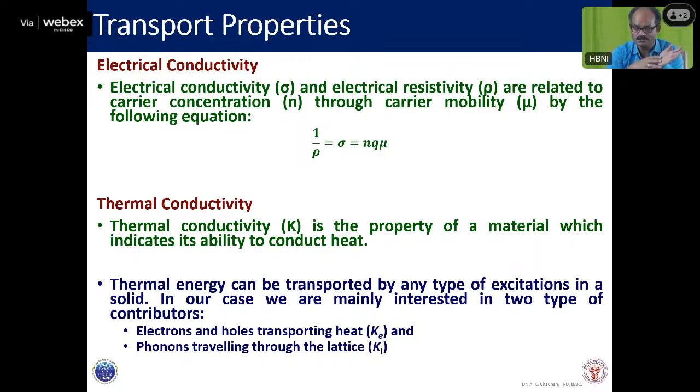Number one is, as we saw earlier, the electrons which have gained energy can transport that energy from one side to another. So that is the electronic contribution. And then the other contribution is the lattice contribution.